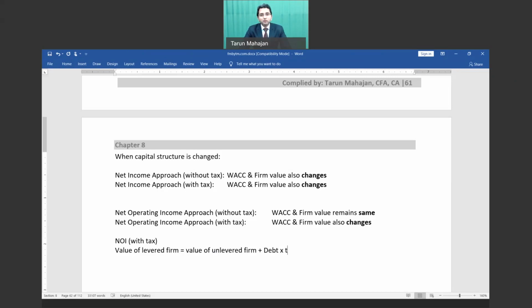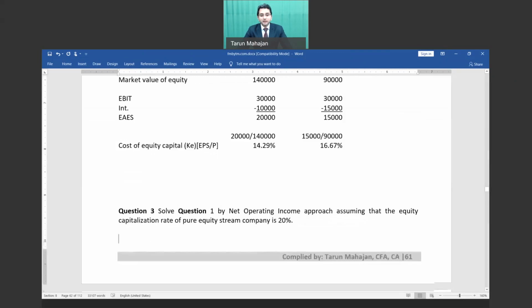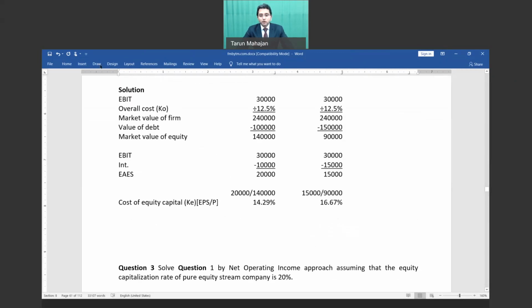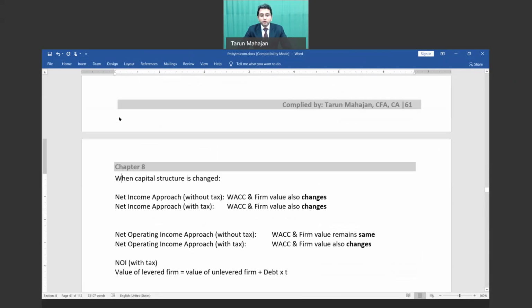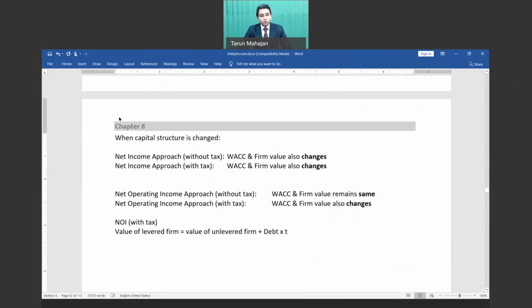You know what NOI was saying? NOI was saying that the value of the two firms will remain the same. Look here. Under the NOI approach, market value of both firms remains the same. But if you introduce income tax, what does it say? It says that value of levered firm is equal to value of unlevered firm plus debt into tax rate.